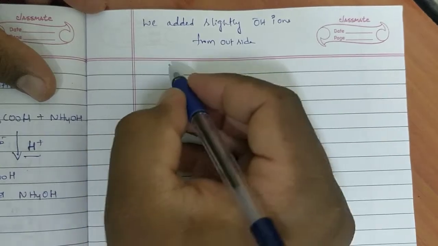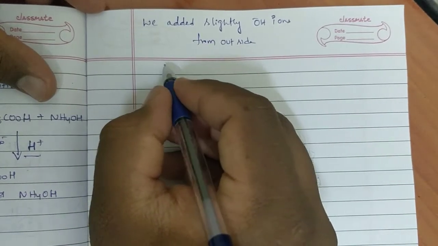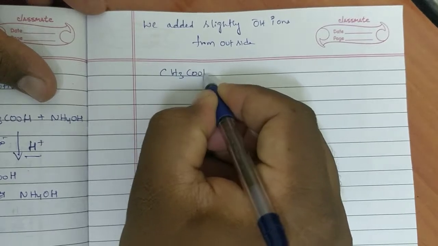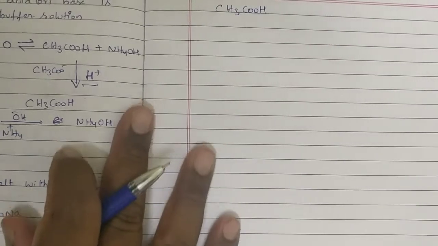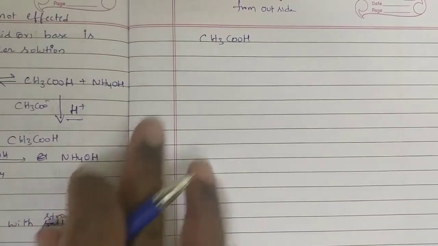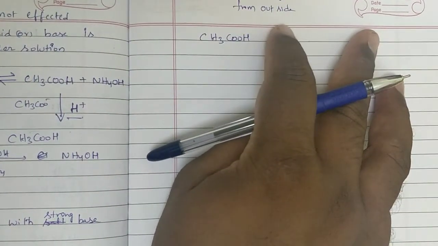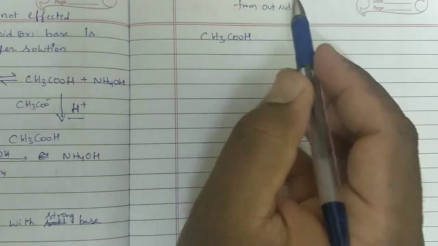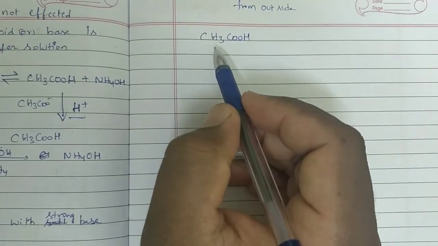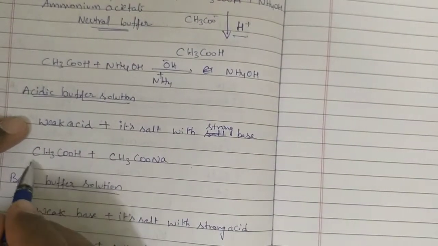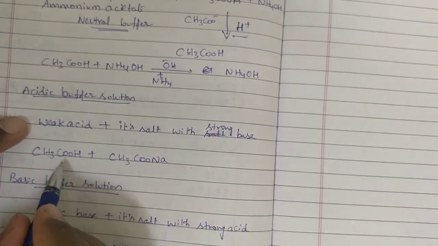In this acidic buffer, we have undissociated CH3COOH, is it correct?